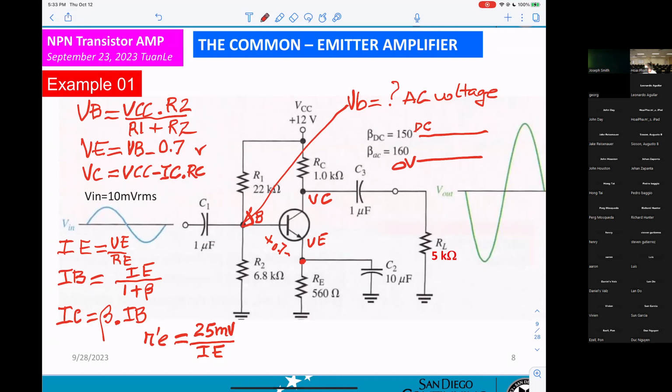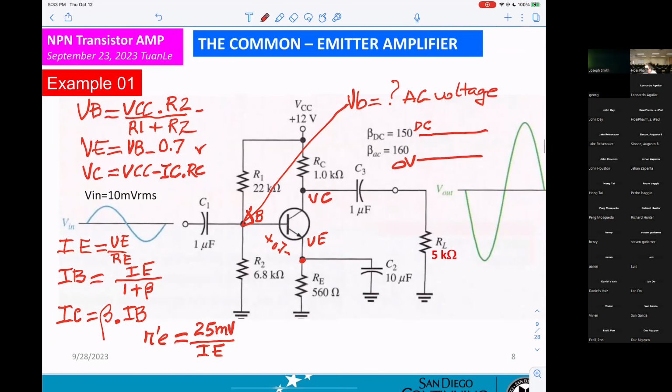If we calculate, we can see 12 times 6.8 divided by 6.8 plus 22. Who gets the value? Give it to me. What is the value? How many volt DC?